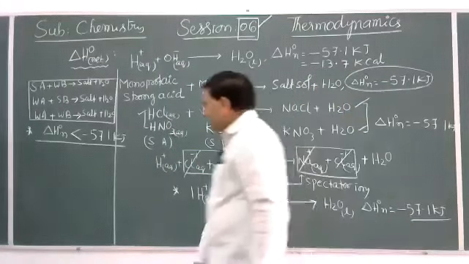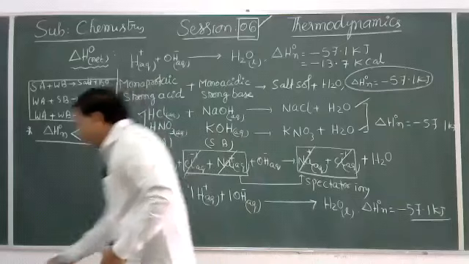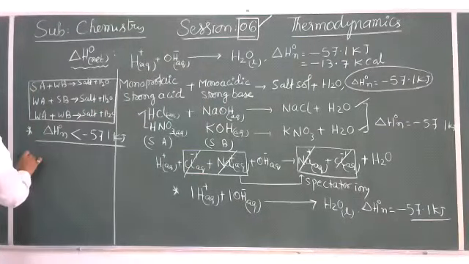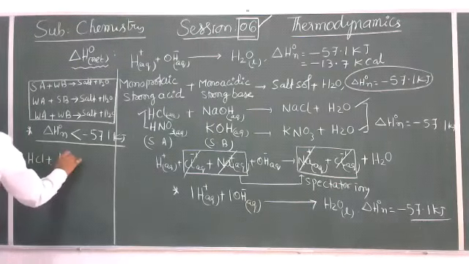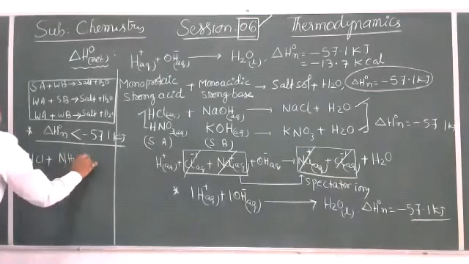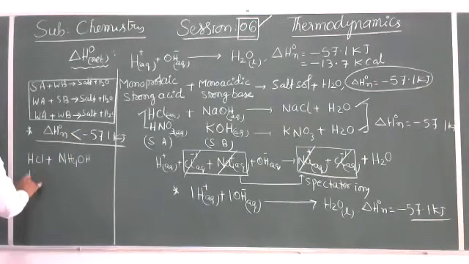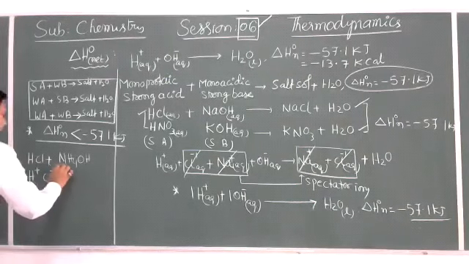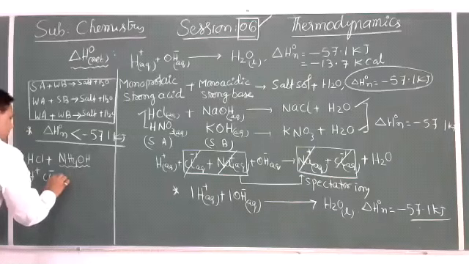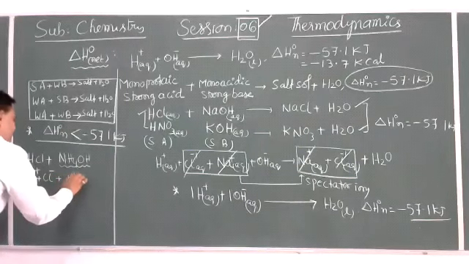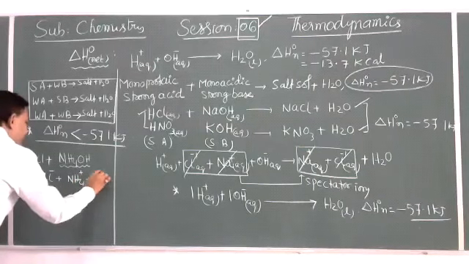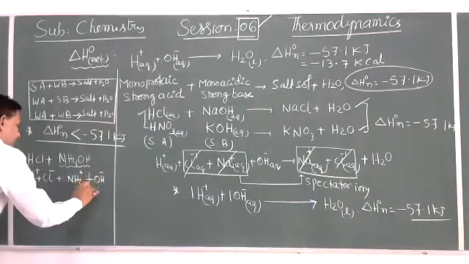For example, I'll take one simple example. Strong acid is HCl, weak base is NH4OH. HCl ionizes completely to H plus and Cl minus. But NH4OH, NH4 plus and OH minus, is weak and cannot ionize completely.